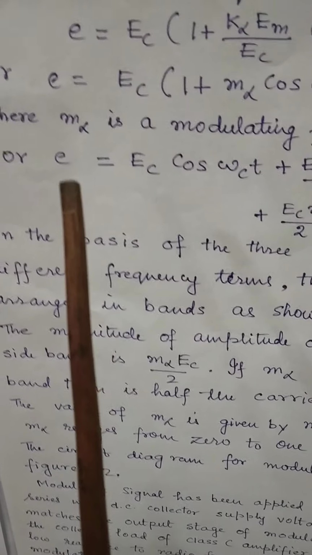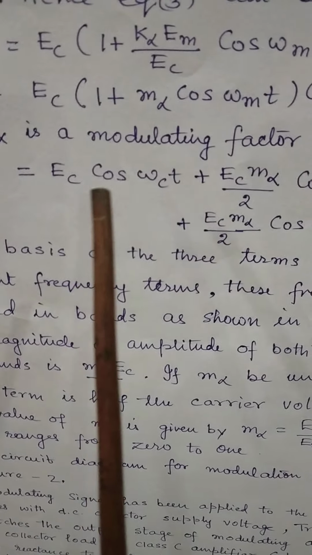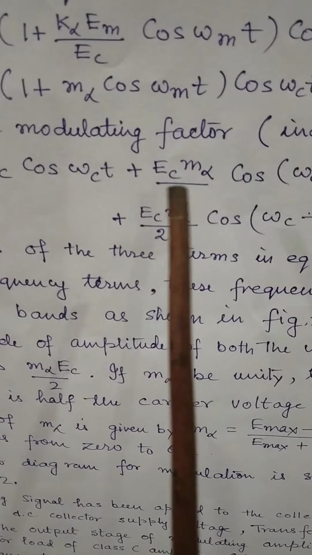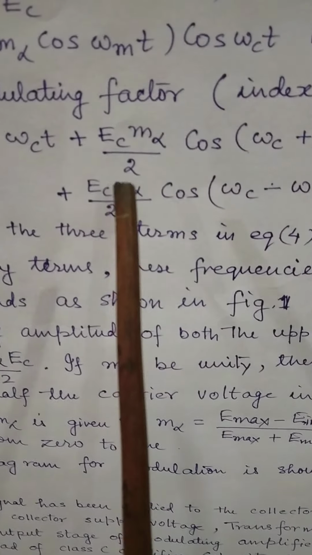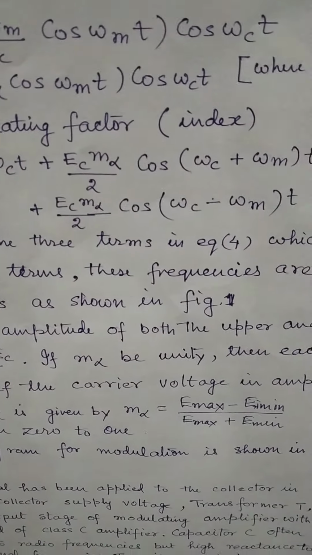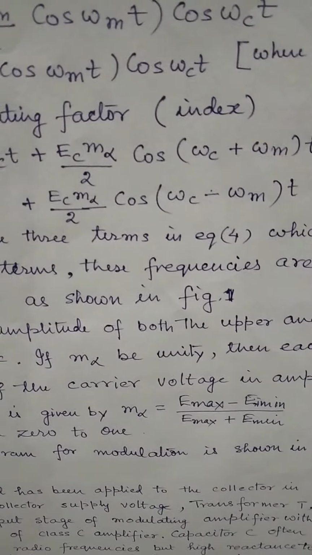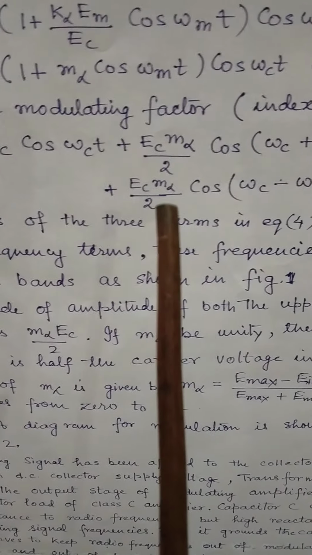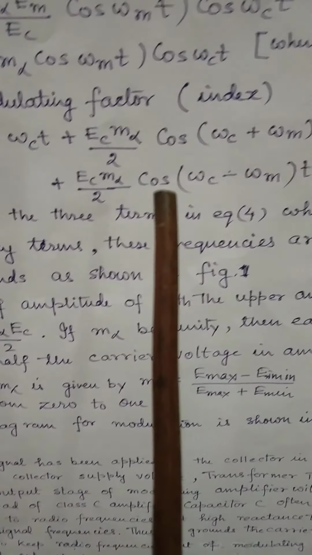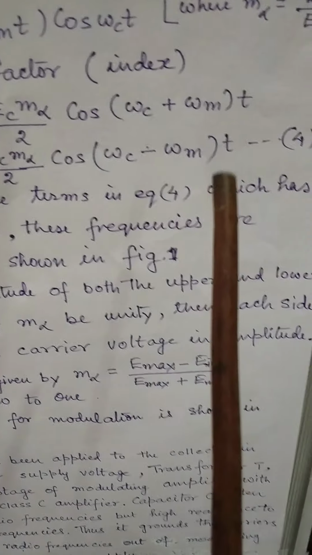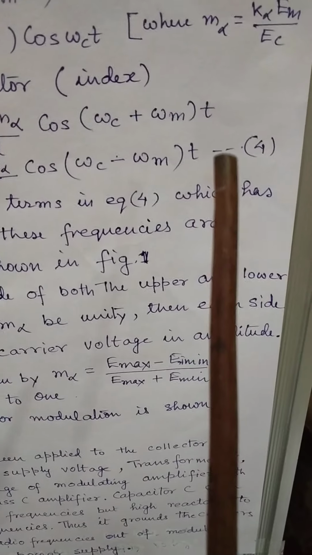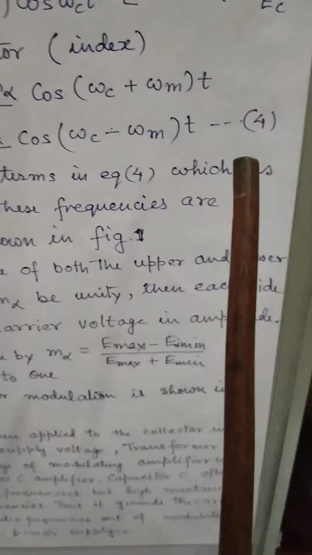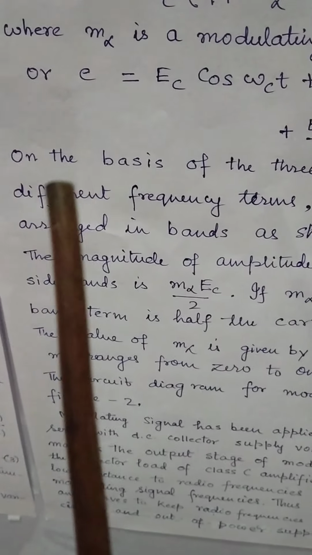Or e = E_c cos ω_c t + (E_c m_α / 2) cos(ω_c + ω_m)t + (E_c m_α / 2) cos(ω_c − ω_m)t, which is equation number 4.